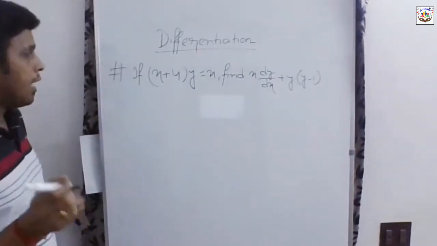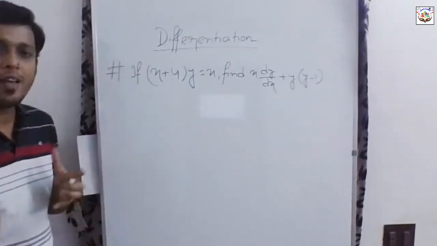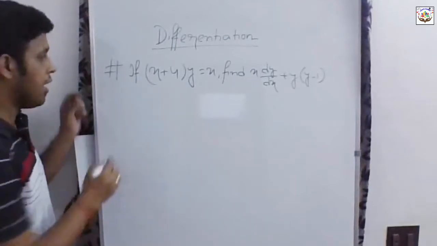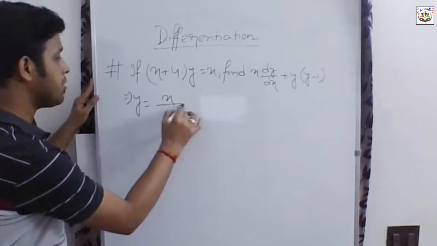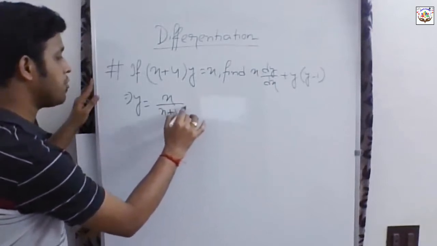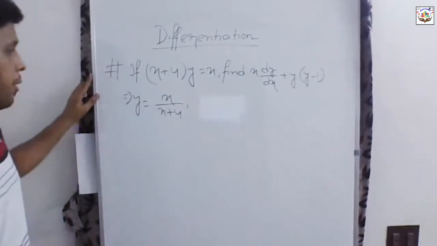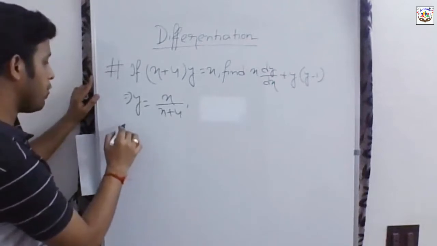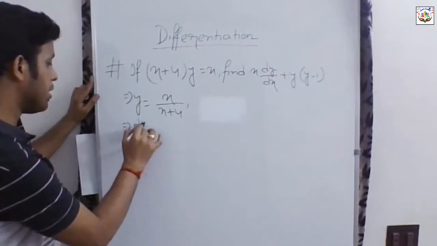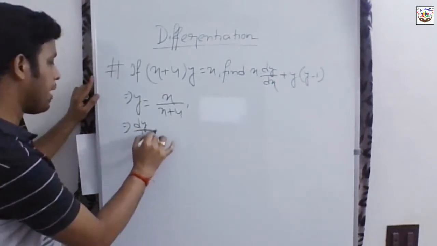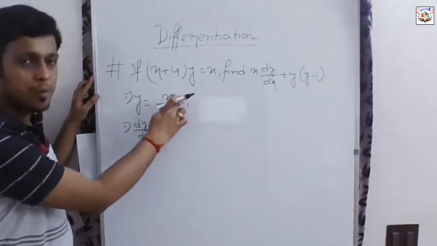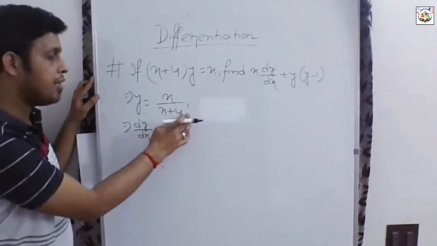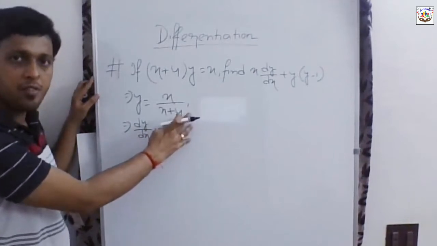Okay. Like, to simplify the problem, can we write y equals x divided by x plus 4? We can easily write. Okay. So if we try to find the dy dx by applying the d/dx of u by v formula, as the numerator can be considered as the u function and the denominator can be considered as the v function.